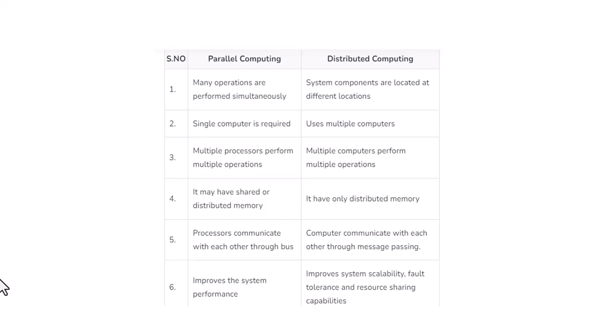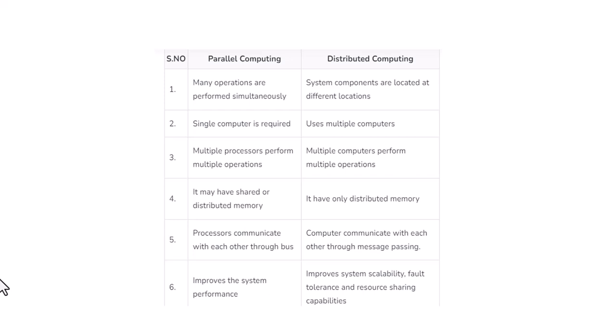When we talk about parallel computing, many operations are performed simultaneously, and these operations can belong to one single task or to many different tasks, within one system, while in distributed computing, system components are located at different locations. Another difference is that in distributed computing, computers can be located inside one building or can be geographically dispersed, while in parallel computing, all the processors are in one system.